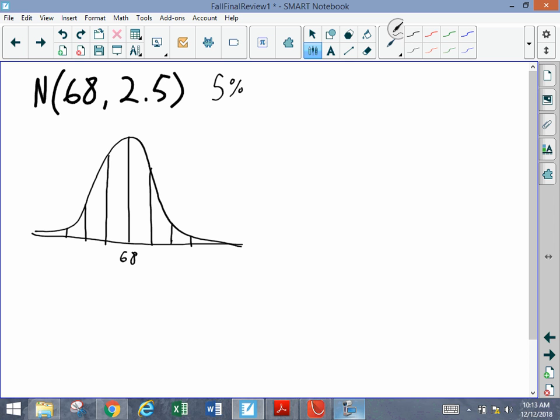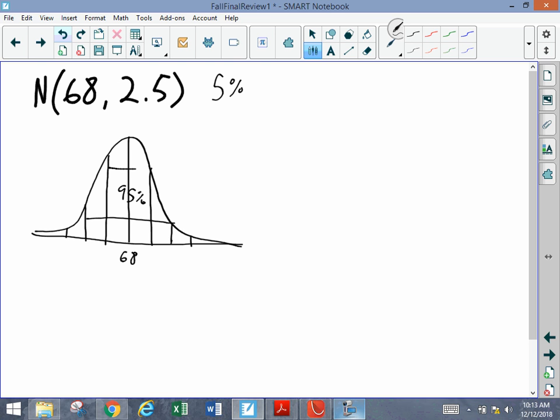All right. So the idea behind this problem is that right in here in this interval we have 95% of the data because of our empirical rule, aka the 68, 95, 99.7.